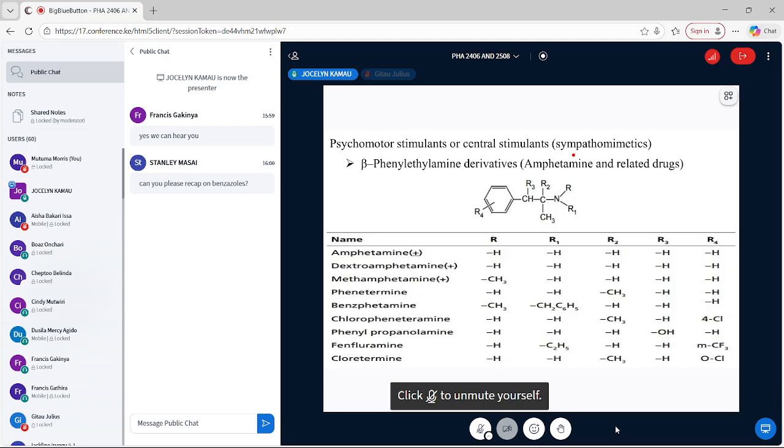From the phenyl ring, one carbon there, second carbon, and we go to the next. If you go this way, I hope you can see that you have structural resemblance with another. They do have the activity.